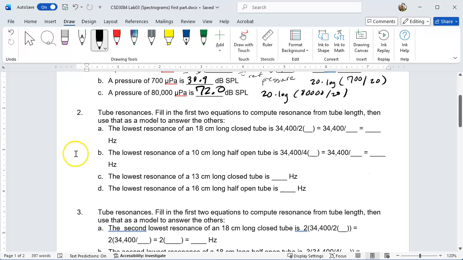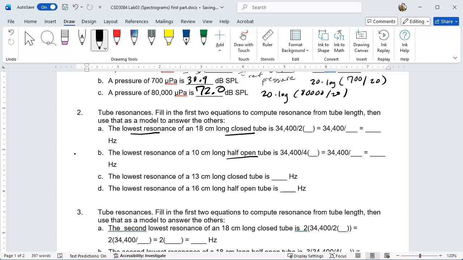All right, for tube resonances, we have two different issues that we have to keep in mind. One is we have different equations for a closed tube compared to a half open tube. And the other, which is actually split across questions 2 and 3, is which resonance am I looking at?